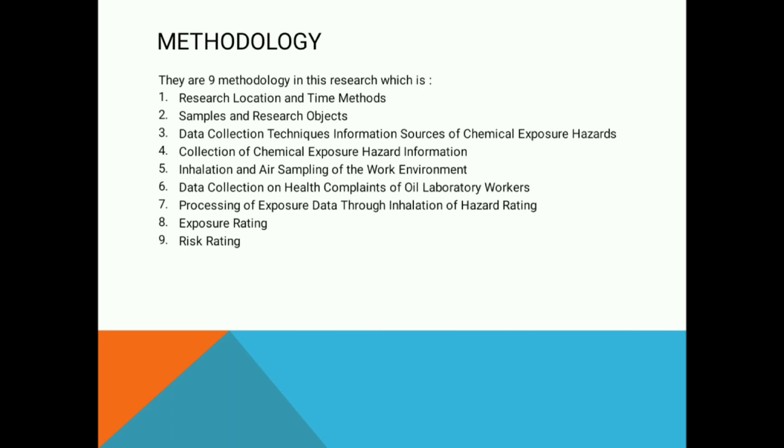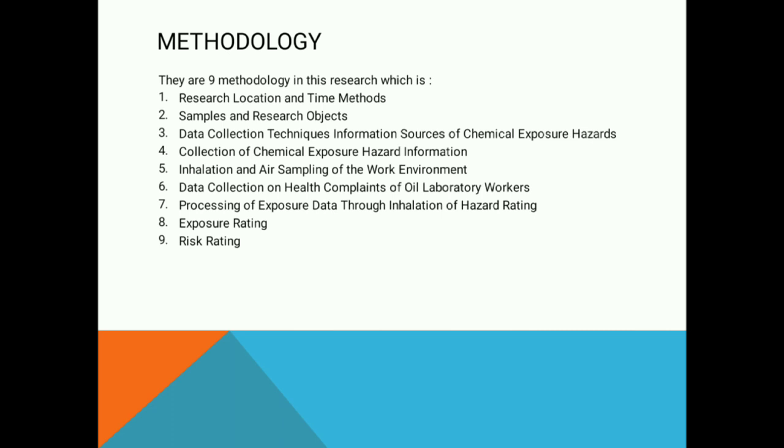Fifth, inhalation and air sampling of the work environment. Personal sampling and sampling method refer to NMAM 1501 for benzene, toluene, xylene. Individual sampling uses a personal pump device with the following procedure.